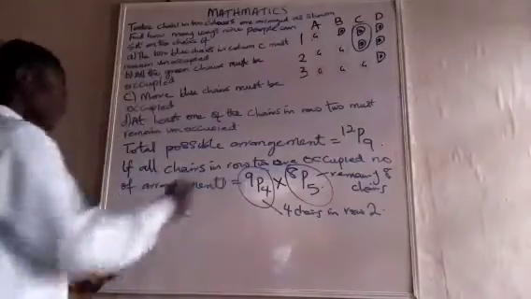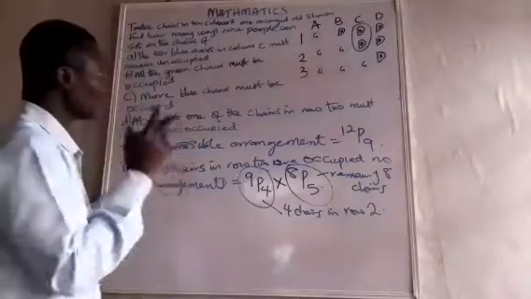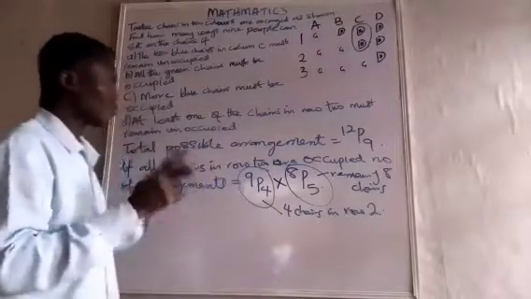So, if we have this, total for at least one chair to remain unoccupied, what does that mean?